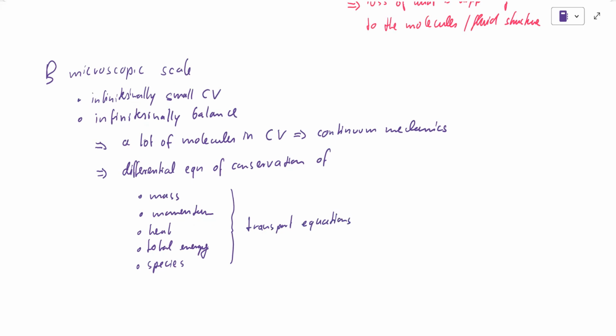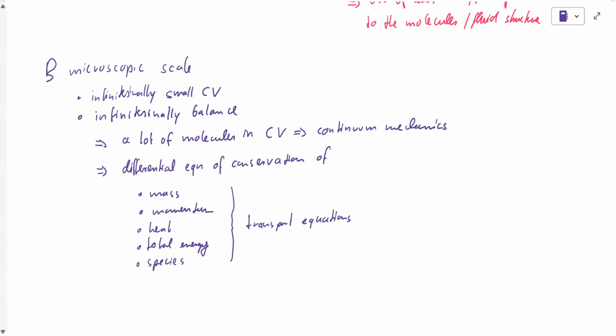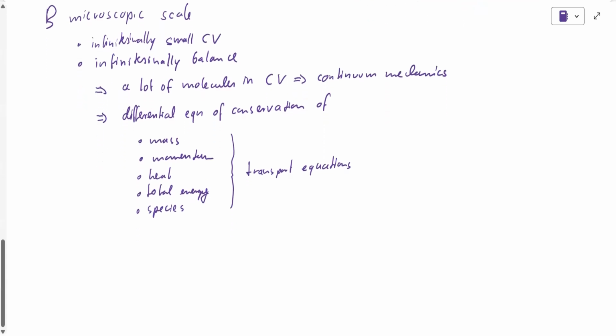Now with those transport equations, of course, we can look at what is happening inside the vessel. So if we have in our problem spatial gradients, then we additionally need some boundary conditions.